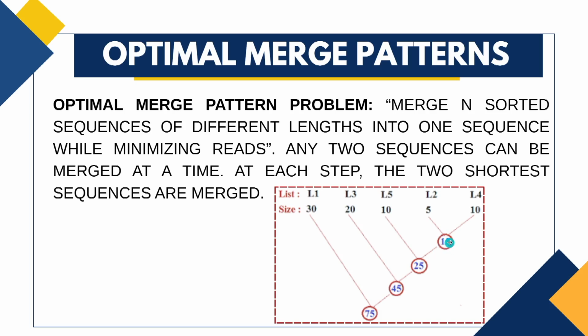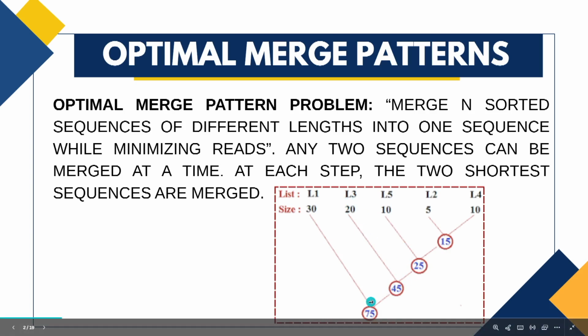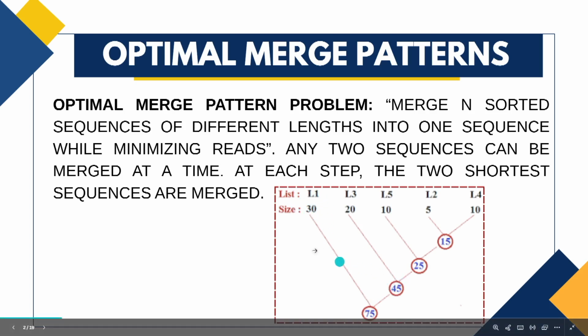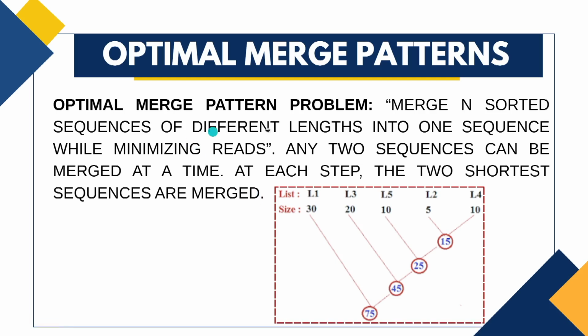This result is then merged with the next list with the minimal number of elements, that was L5, and so we got 25. 15 plus 10 is 25. Finally we merge list 3 into this result, and finally we end up merging list 1, with 30 elements, into the resultant sequence. This is what we mean by the optimal merge pattern problem.